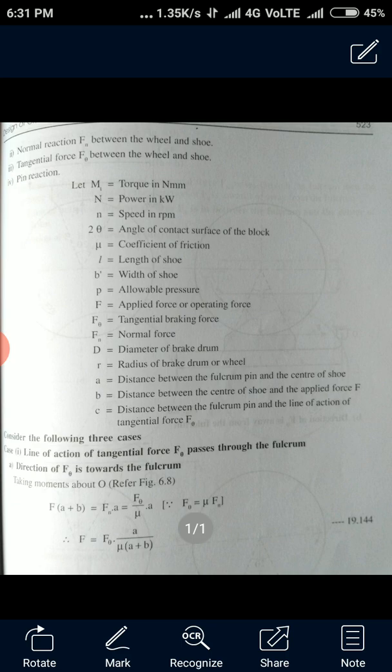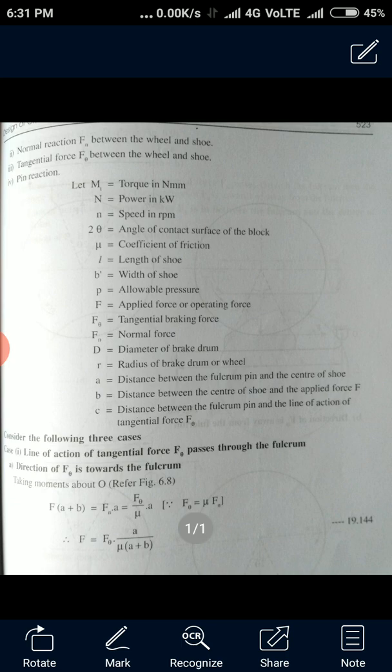B dash is the width of the shoe or width of the block. P is the allowable pressure. F is the applied force or operating force. F theta is the tangential braking force. Fn is the normal force. Capital D is the diameter of the brake drum. Small r is the radius of the brake drum. A is the distance between the fulcrum pin and the center of the shoe.